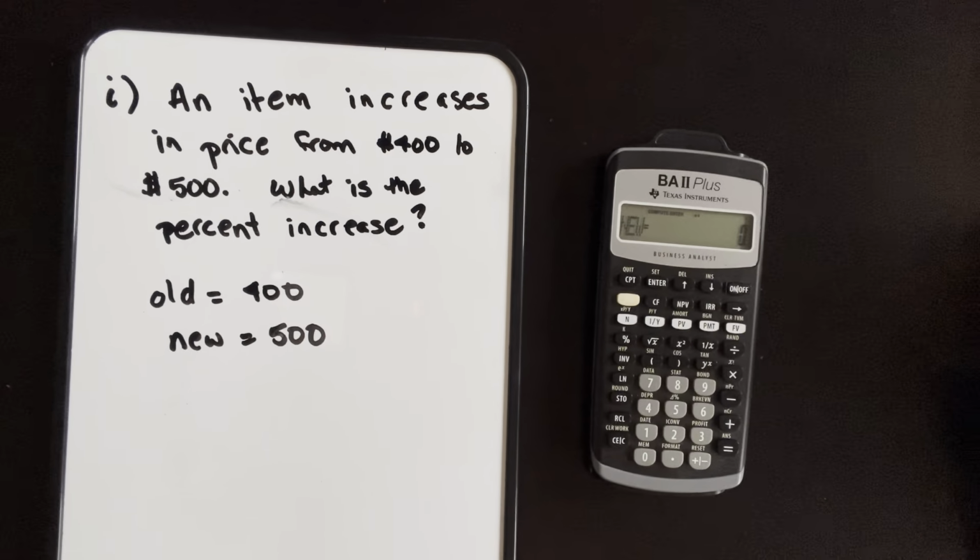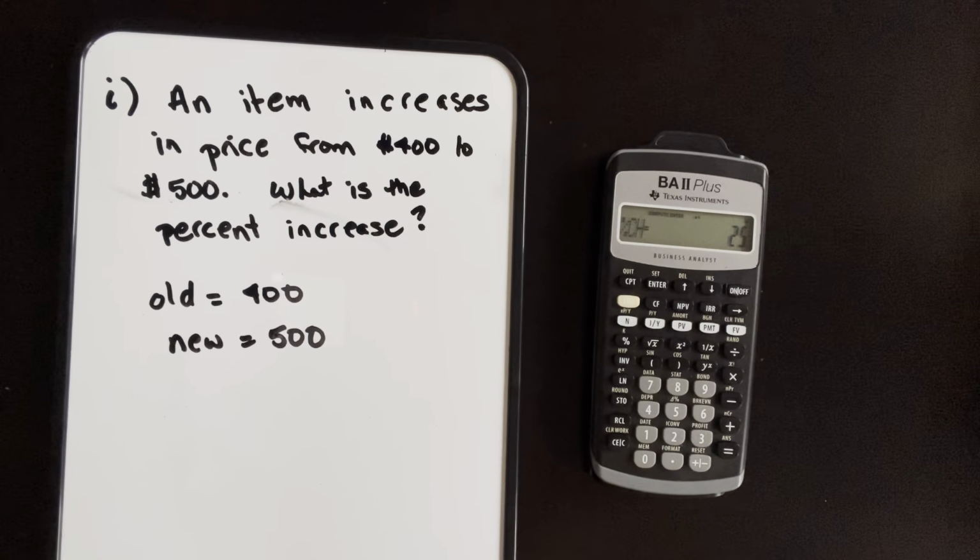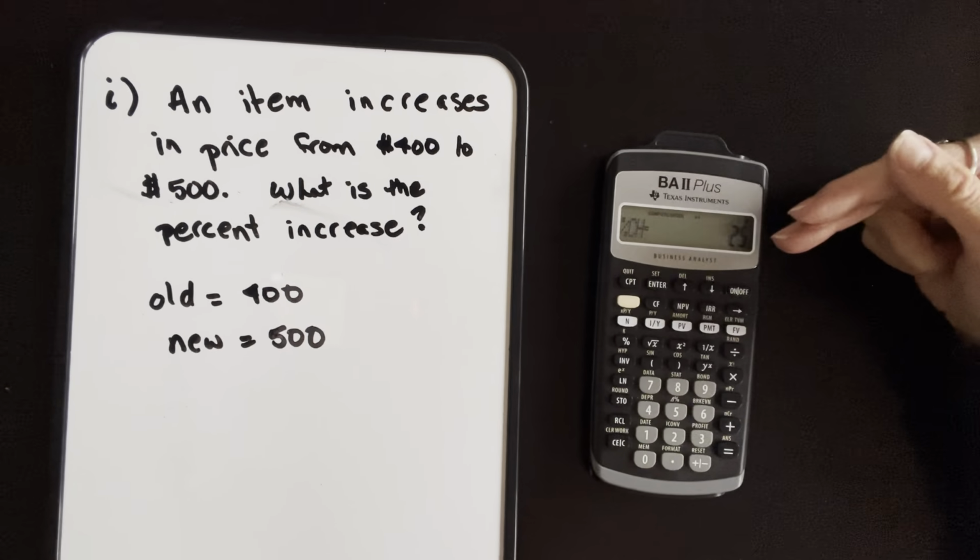So I'm going to ask my calculator to compute it. Here's my compute key, CPT, press that, and the percent change is 25%. So in using this function, if you know all of the values except one value, enter the other values that you know, and then when you get to the one you want to calculate, just press that.